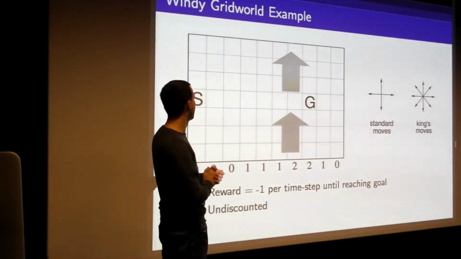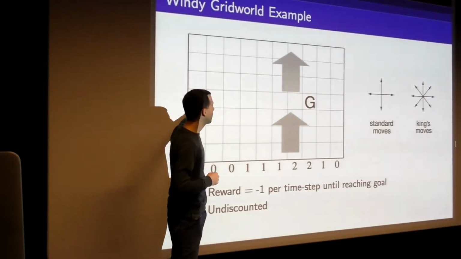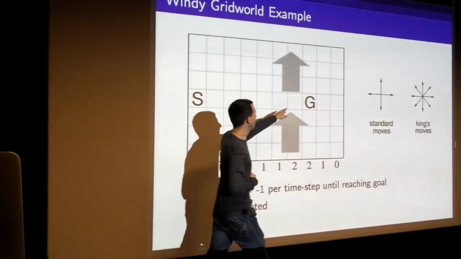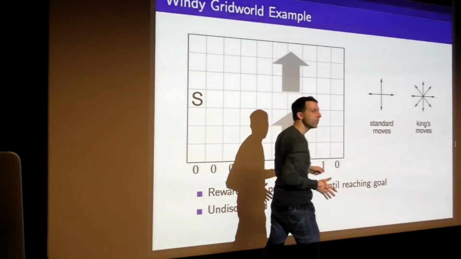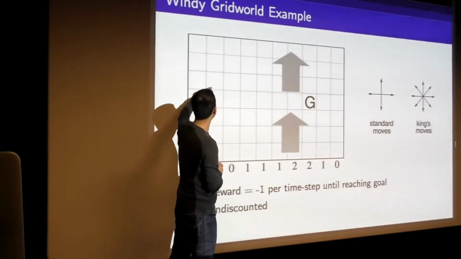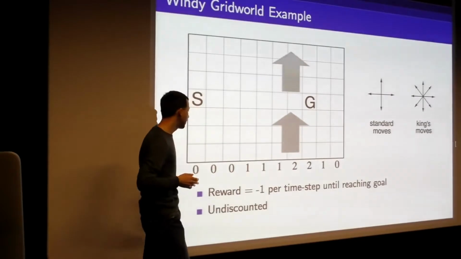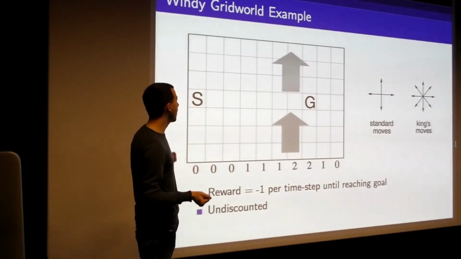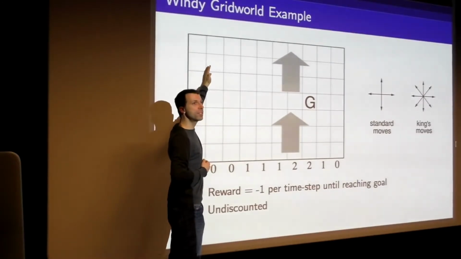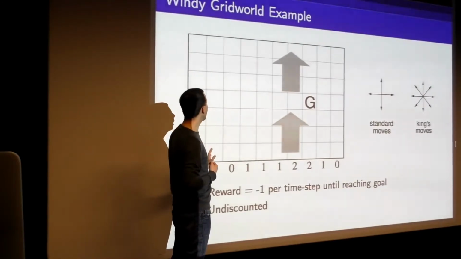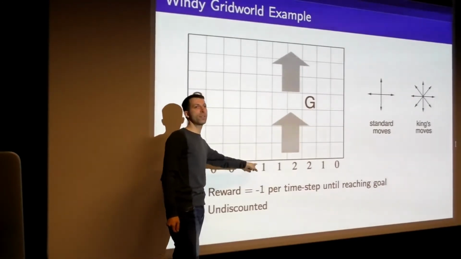Let's see what happens. So this is called a windy grid world. We're just trying to wander around from this start point to this goal. We can take any of these king's move operations, so all the diagonal moves as well as north, east, south, west. The only special thing about this grid world is that every time we take a step, the wind pushes the agent upwards some number of grid cells, which are indicated by this number at the bottom of the column.